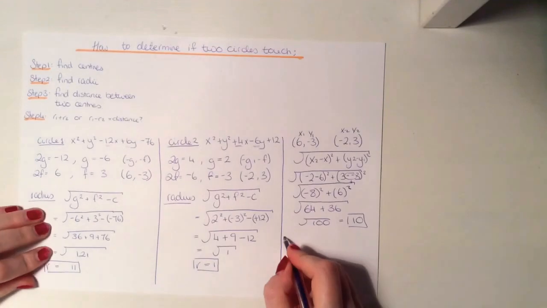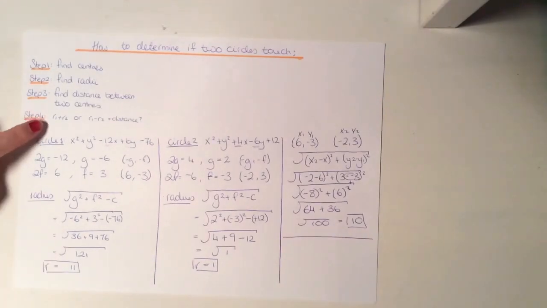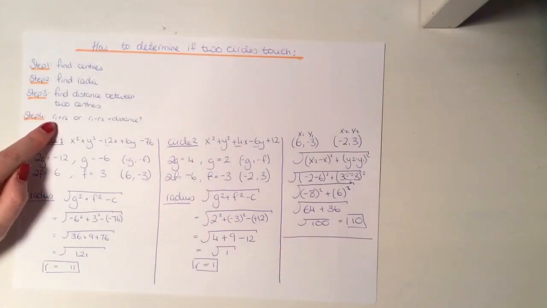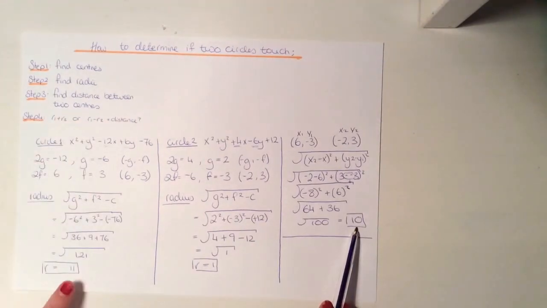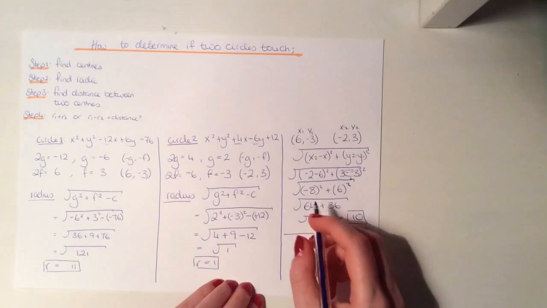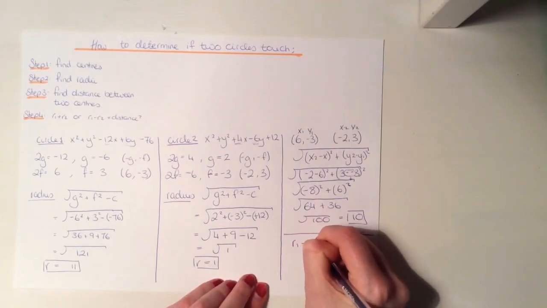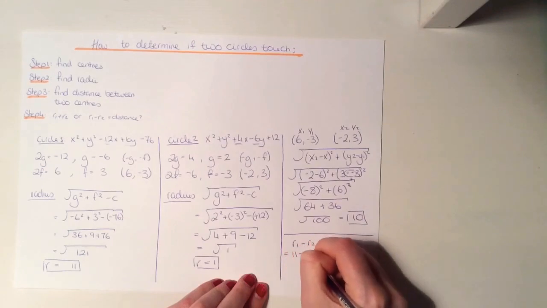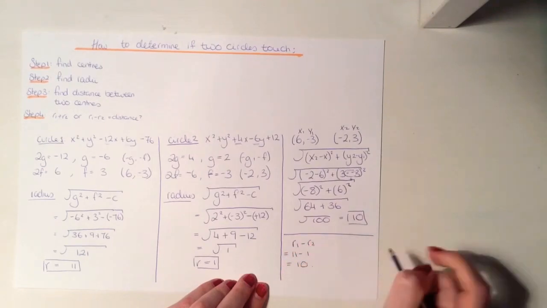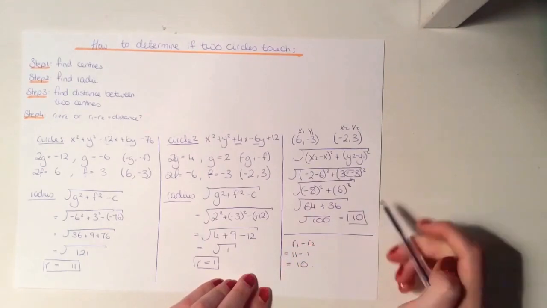Okay, so now, last step, step 4. We have to decide if the two radii add or subtract to equal the distance. So we've got 11 and 1. So R1 minus R2 equals 11 minus 1, which gives us 10, which matches the distance.